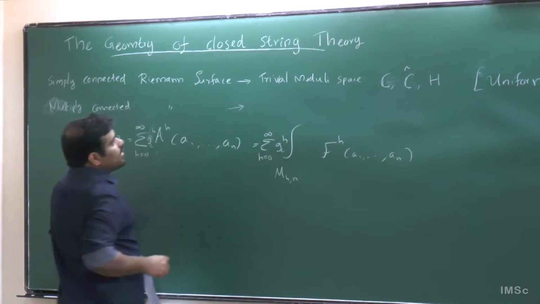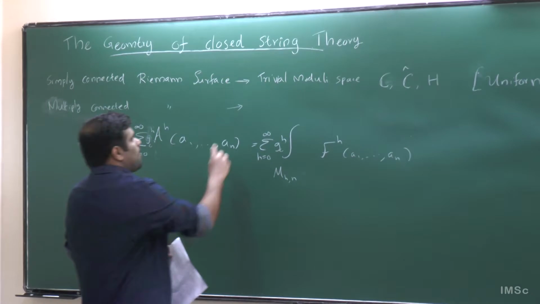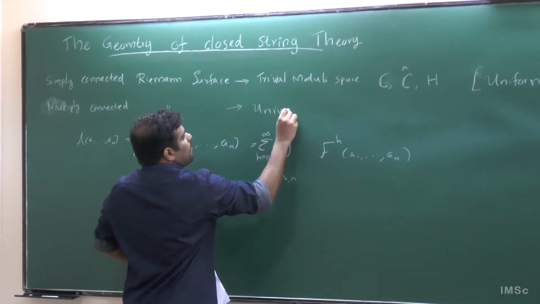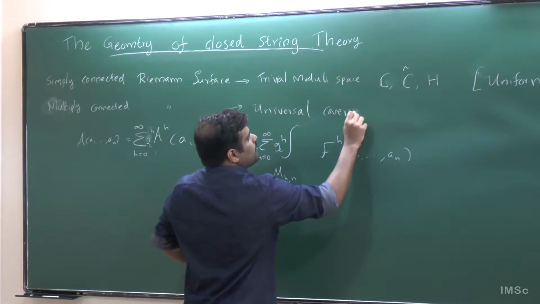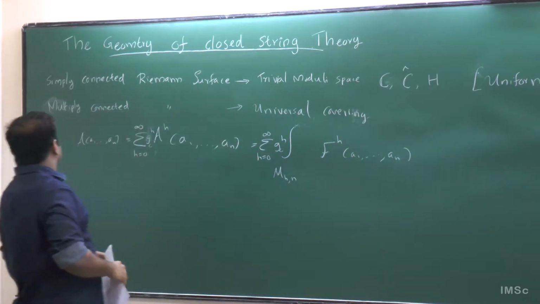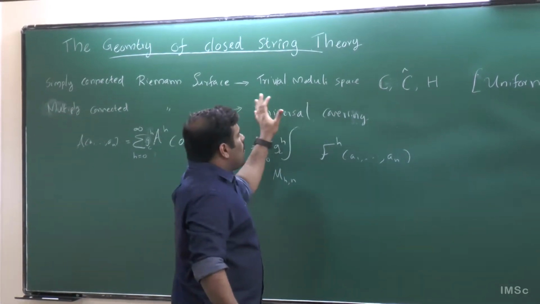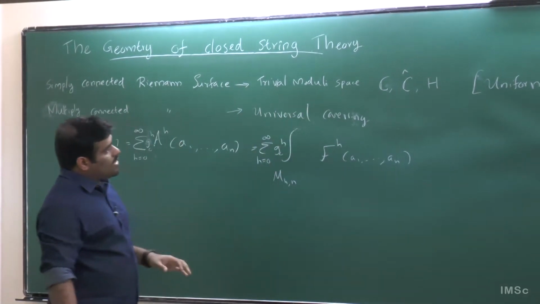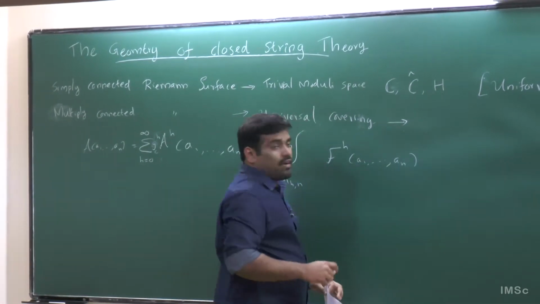So here we realize that once we introduce a notion of universal covering, we could understand the inequivalent complex structures of Riemann surfaces by studying the structure of the covering group.